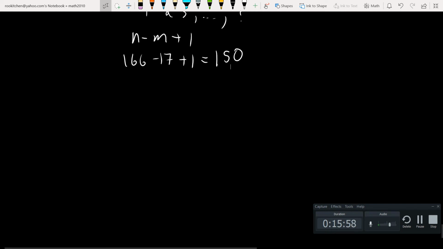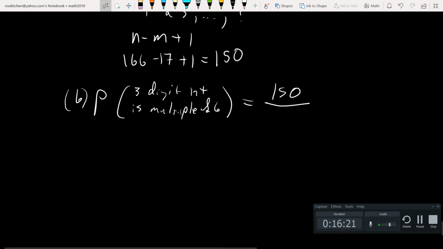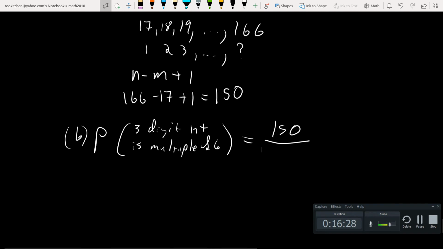Okay, so part B, what's the probability then that a three-digit positive integer is a multiple of 6? Well, we already know then the event space is 150. We just need to figure out the sample space. So how many numbers are from 100 to 999 inclusive?